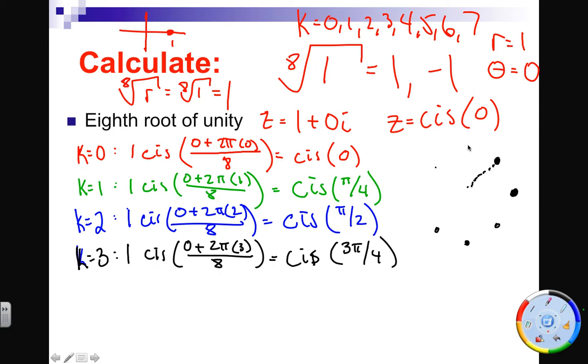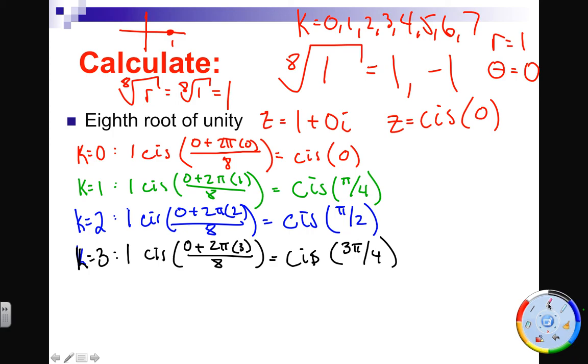Now, that's symmetry. Not everybody's going to get that right away. You can play with it, and they do ask you to actually graph your answers. And all you're graphing is going by pi fourths, going 1 unit out, and they should end up in a full circle. So when I divided the circle into 8 parts, each angle was 45 degrees away. If I cut the circle into 5 parts, then it would be 72 degrees away, like that pentagon problem from the other day.